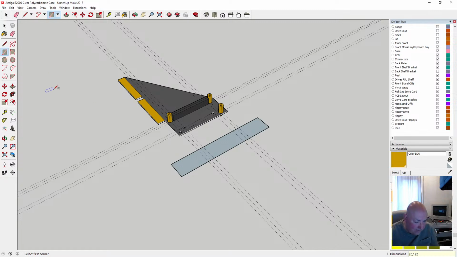And we've got some rounded corners. Quite wide rounded corners. So are they 5mm? Yeah, I'd say they're 5mm. 5mm, 5mm, and 5mm, 5mm.